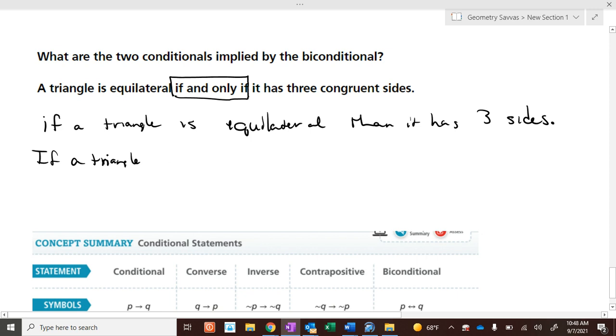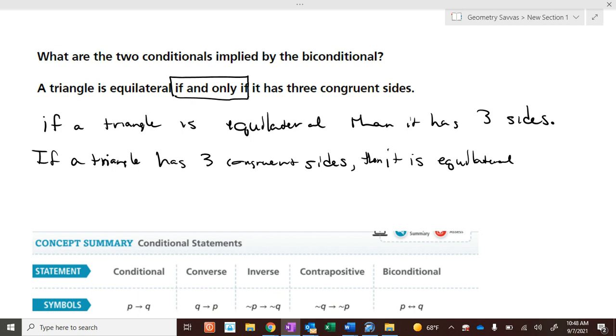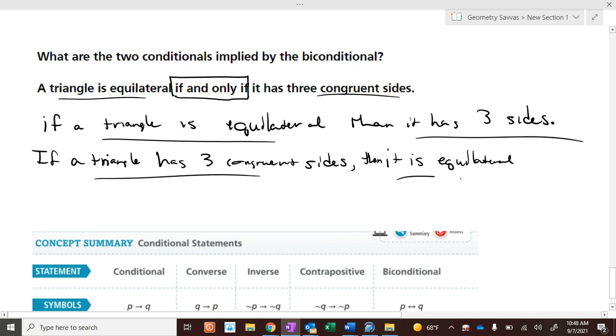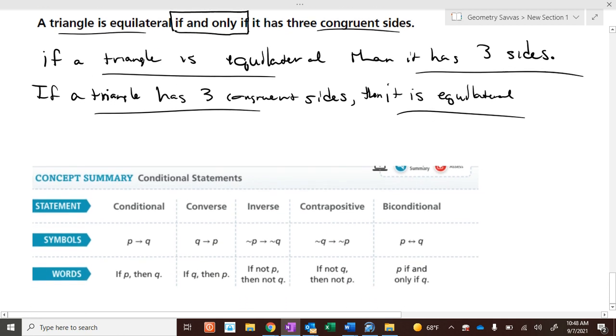The other conditional. If a triangle has three congruent sides, then it is equilateral. A biconditional can have conditionals that are written two different ways. Since both of these are true, you can write it as if hypothesis then conclusion, or if conclusion then hypothesis. Okay? And both will be true.